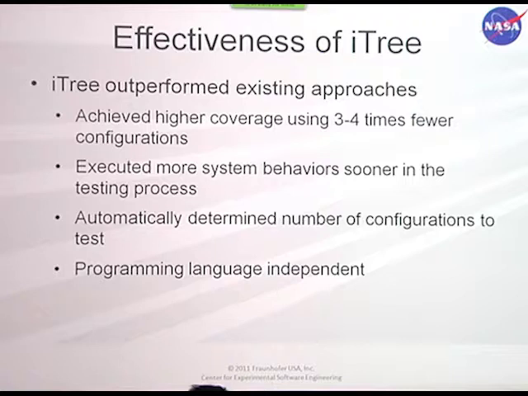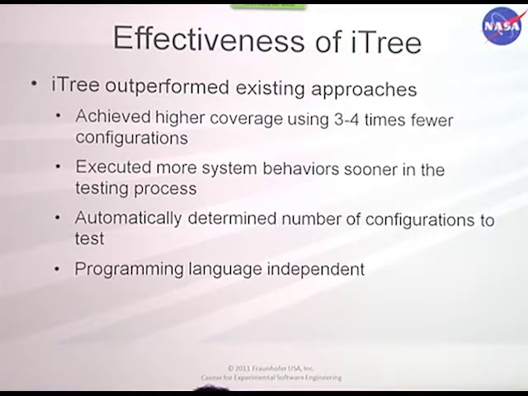So from this paper, we measured the effectiveness of iTree, and it turns out that iTree can outperform any existing approach. It can achieve higher coverage than existing approaches using 3 to 4 times fewer configurations than the other approaches. In addition, during the testing process, we tend to execute more of the system behavior at the early stages of the testing process than the existing approaches as well.